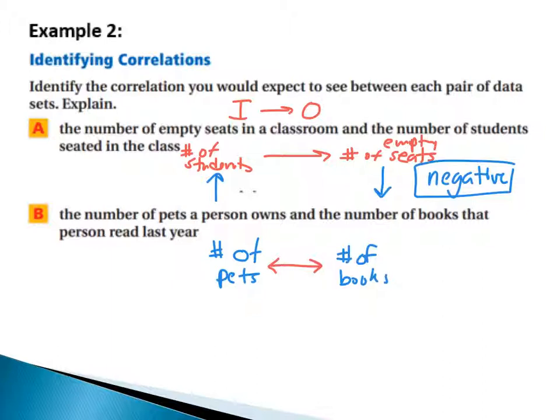Are these things going to be related? And hopefully you're thinking in your head, this doesn't make any sense. It's exactly right. Because sometimes two variables have no relationship at all. Empty seats and students make sense, but number of pets and books does not make sense. So in this case, there would be no correlation between those variables.